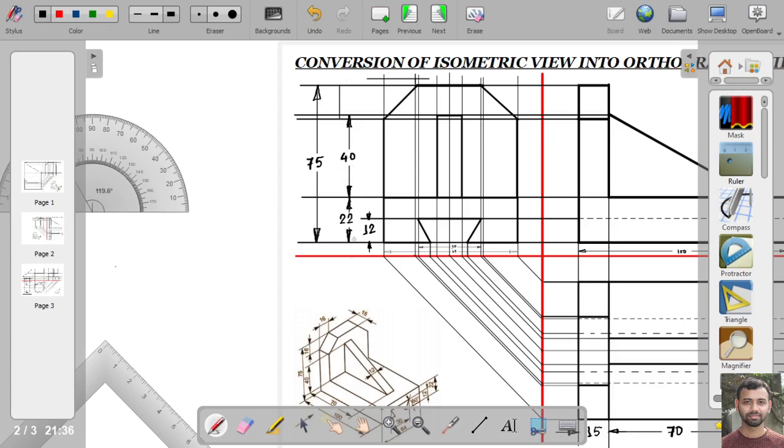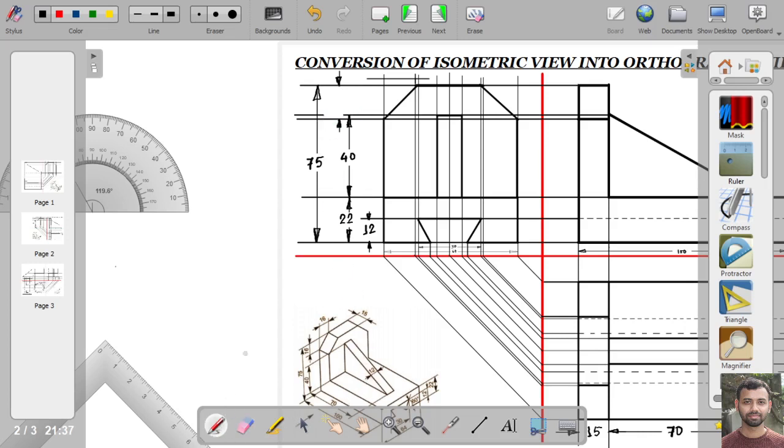Okay, next is from this point to this point, it is, this dimension is given as 16.